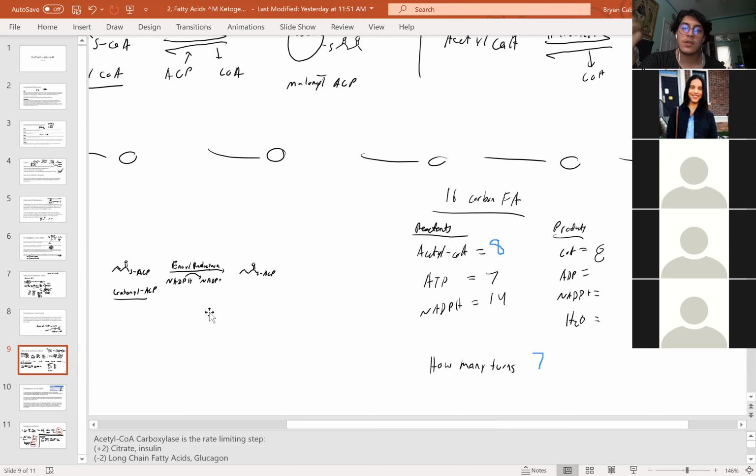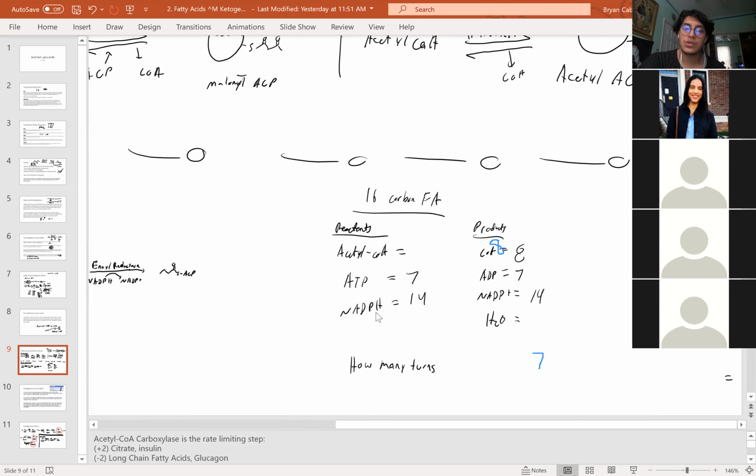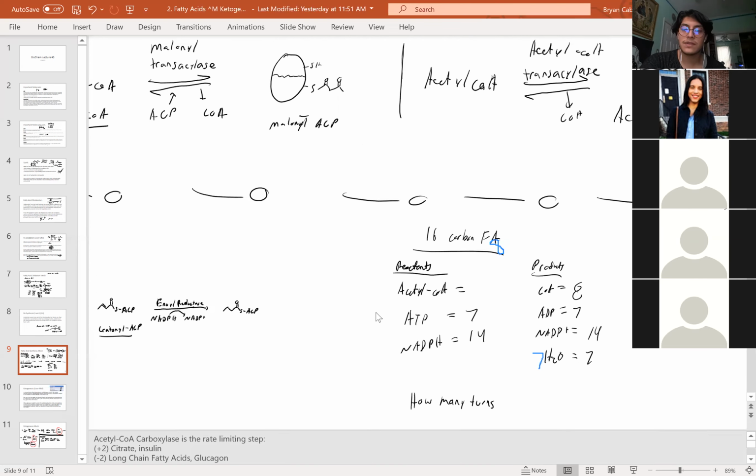For ADP, if you're using 7 ATP, you're producing 7 ADP. Same deal with NADP plus, so 14. And lastly, for every turn you have the extraction of a water molecule to produce the double bond, so you're going to have 7 H2O at the end. And then you have 7 turns.